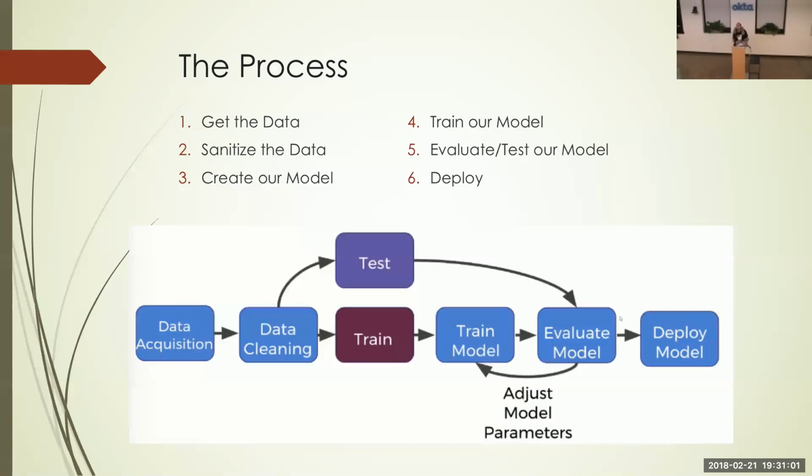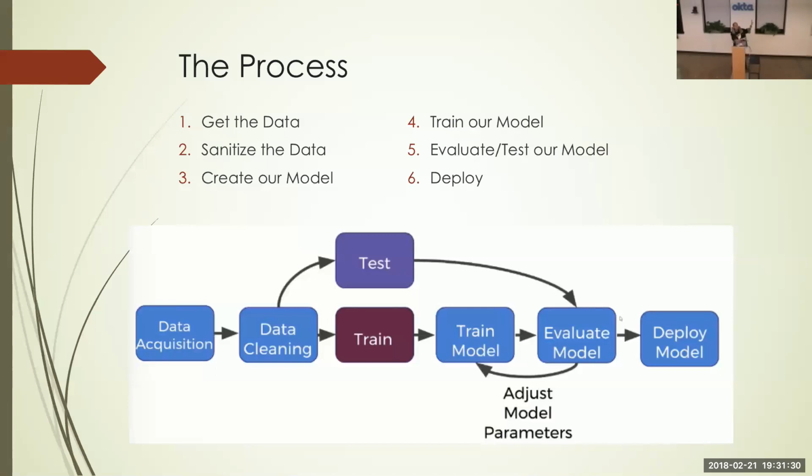So what's great about TensorFlow is it's easy to set up these neural networks. The process goes: you get your data, however you get your data, you sanitize it so it looks best in the way you want to present it, and then you create your model based on that data. After that, you train the model and feed in the data. Now, what you do at this point between the training and the testing, or the evaluation period, is you take all of your total data.